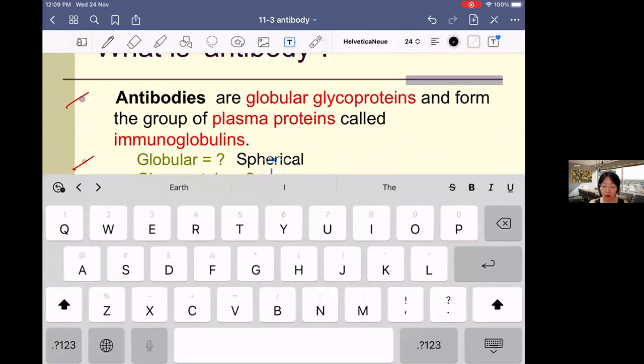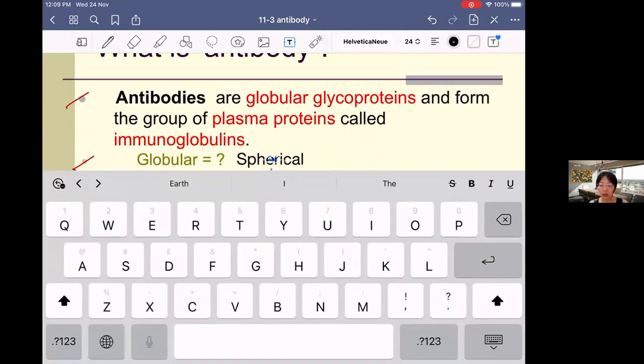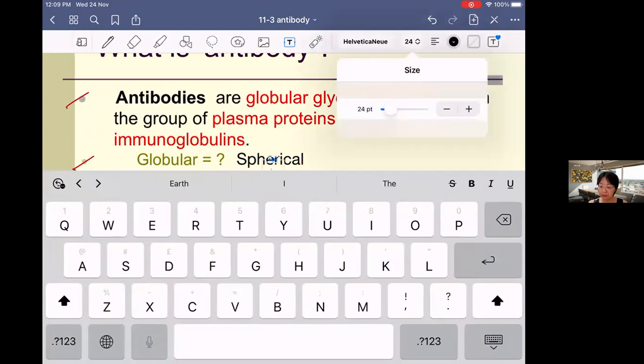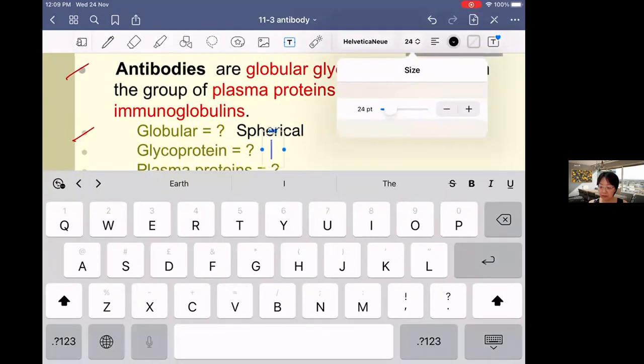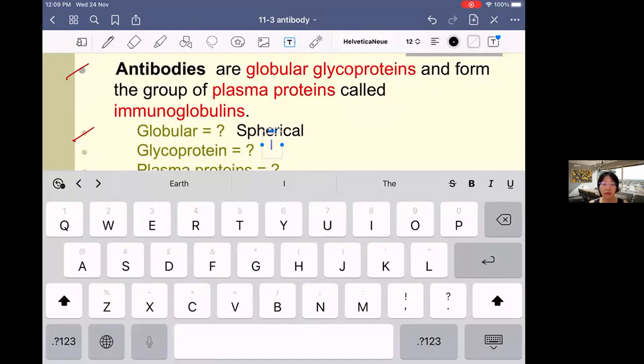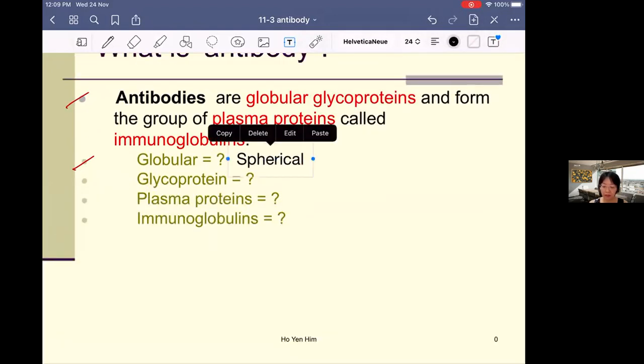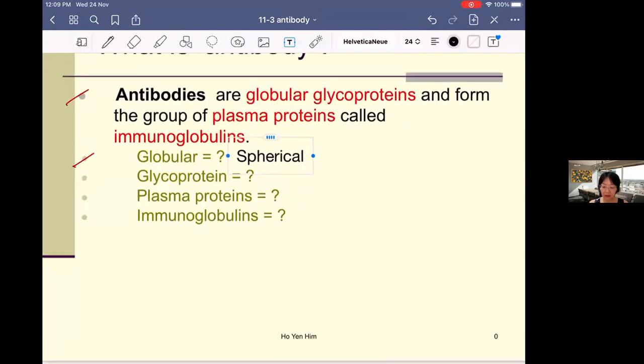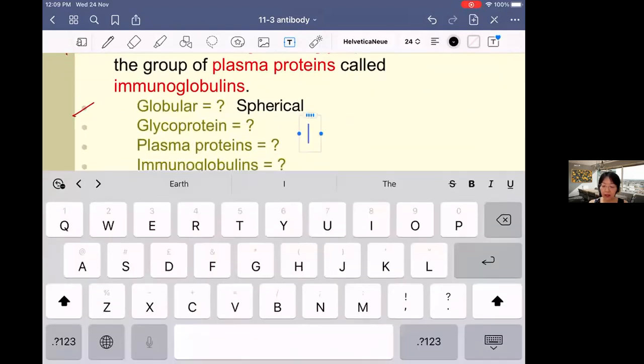Now, what about glycoprotein? What is glycoprotein, Adrian? Glycoprotein is what? It is a protein. Why is it glyco there? Glyco stands for what?